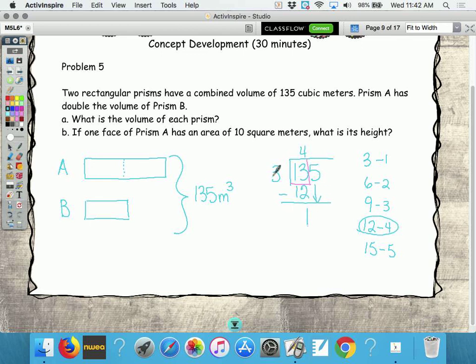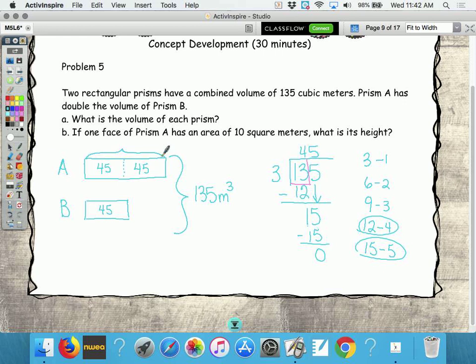Is that 1 less than my divisor? Yes. So bring down my 5. And good. So now we know what goes in each box. 45. 45. We still need to do a little more math to figure out the volume of A. Add.